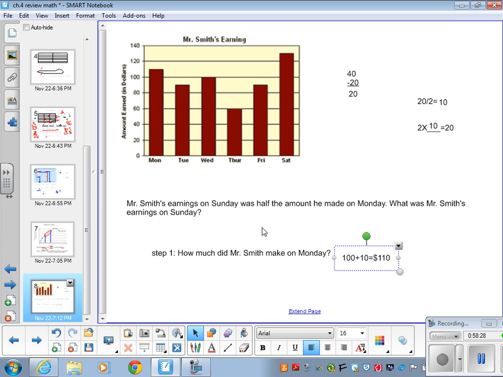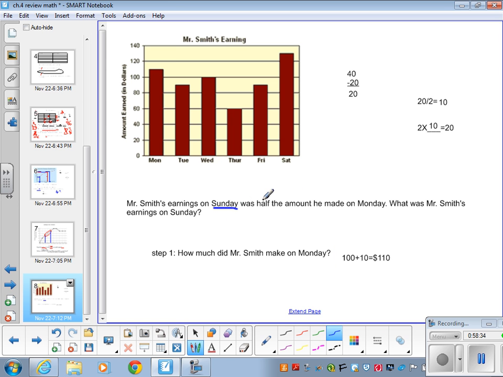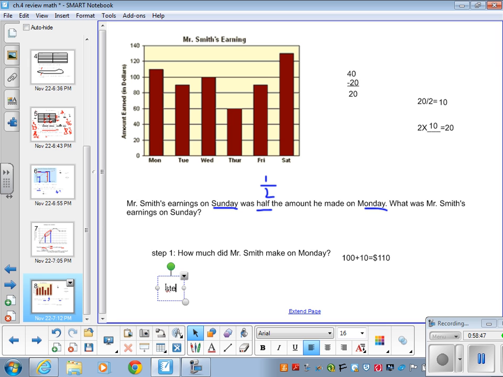Now, they say that his earnings on Sunday was half. That's how we write a half, the amount he made on Monday. Step 1, we found out how much he made on Monday.